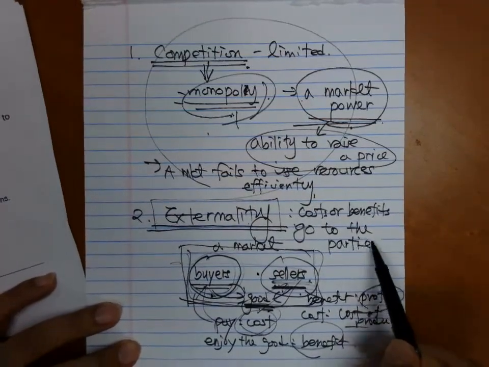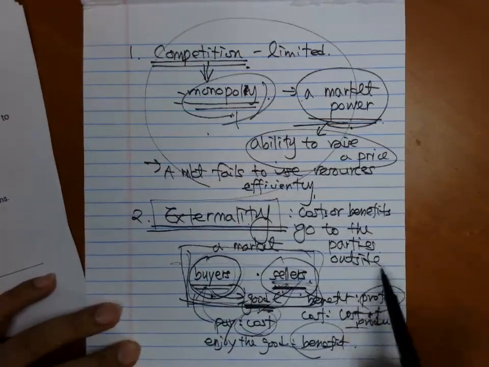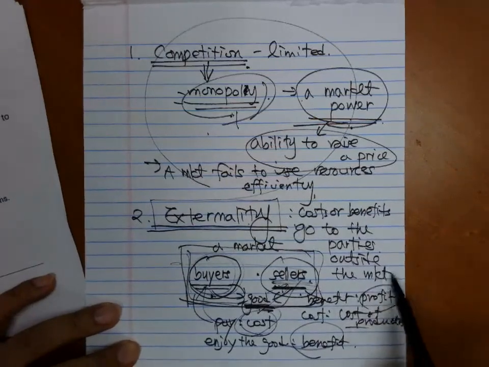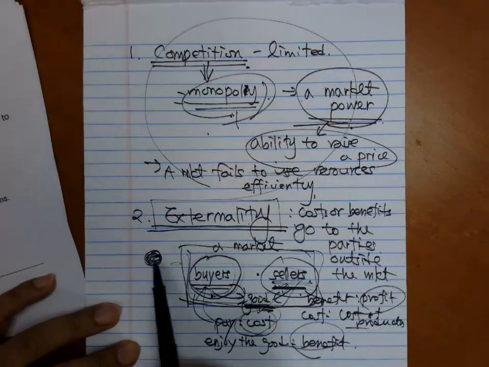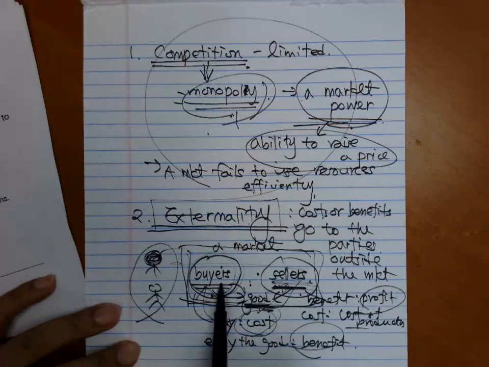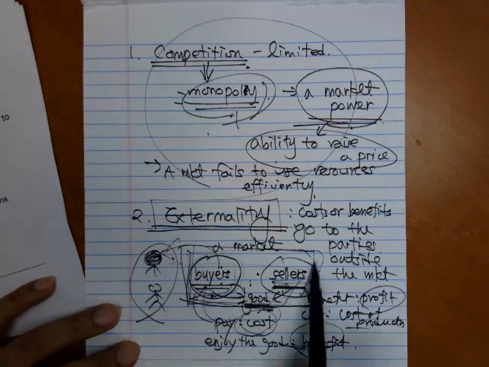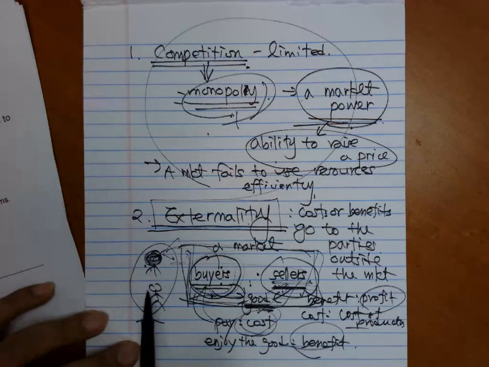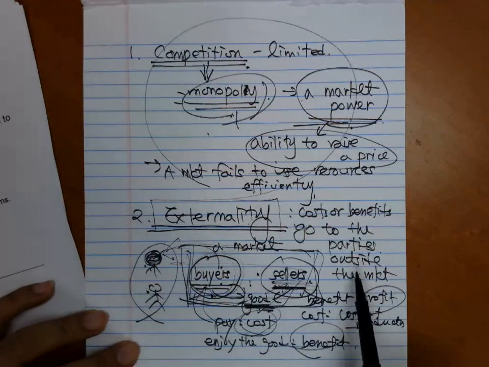Some people who are not the buyers of this good, the cost and benefit goes to the people outside of this market. The cost and benefit that goes to people outside the market is called externalities. So externalities is cost and benefit external to this market.